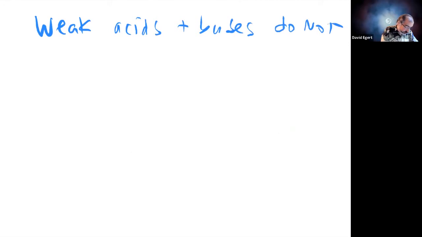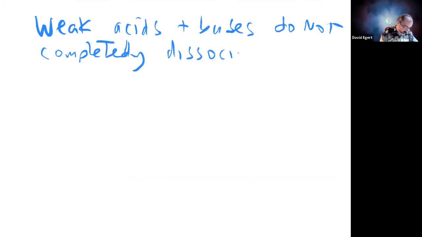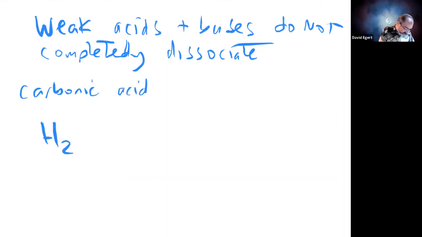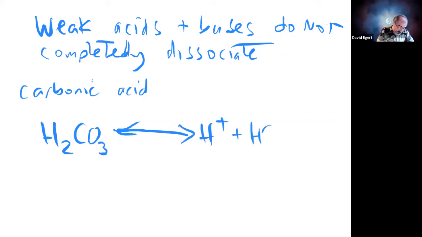Weak acids and bases do not completely dissociate. So, example, carbonic acid. We're going to see carbonic acid a bunch in this class. H2CO3, when you put it into water, it breaks apart into H plus and HCO3 minus.